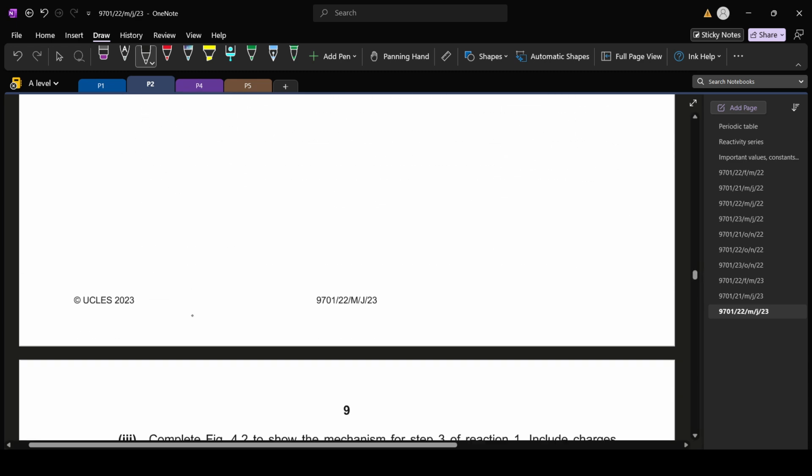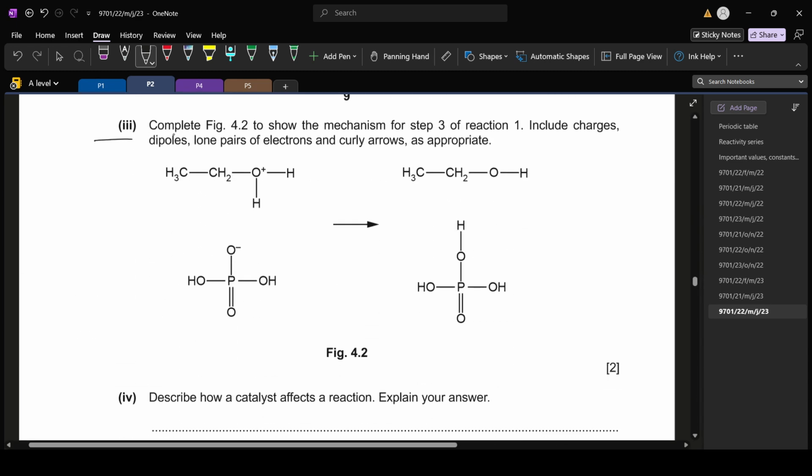Now, moving towards next part 3, complete table 4.2 to show the mechanism for step 3 of reaction 1. Include charges, dipoles, lone pairs of electrons, and curly arrows as appropriate. Now, in step 3, there is a lone pair on this oxygen of this phosphoric acid.